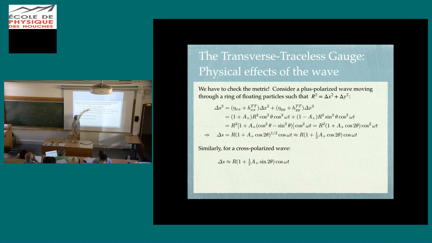And then I'm just going to think of delta x as being r times cosine theta. Delta y is r times sine theta. Plug that in. And I get this kind of expression, and use a double angle formula to simplify that. And then what I did here was now I want to calculate delta S. And I had this.